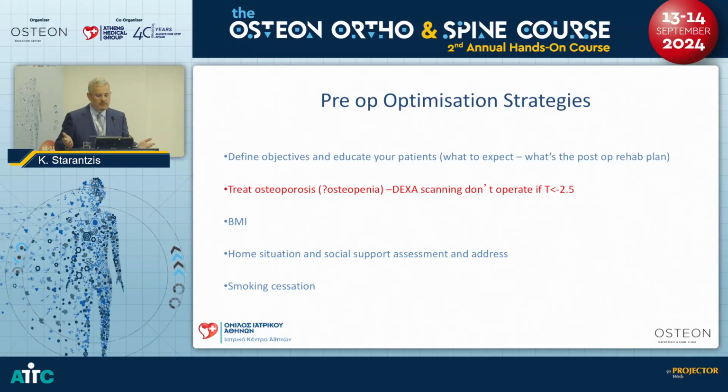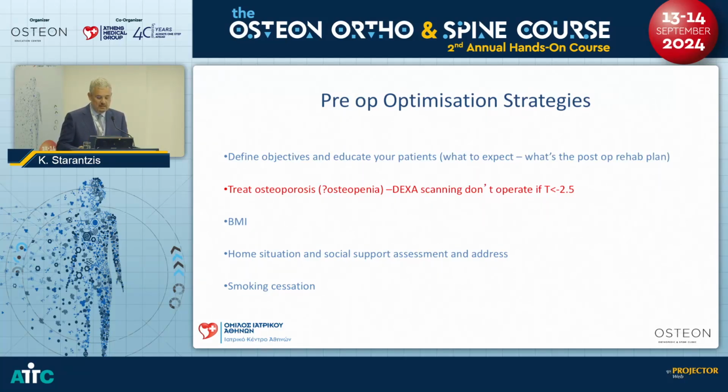we need to, first of all, meet the patient's expectations. We need to explain to him or her what we can do and see if it is good enough to go ahead with surgery and take the risk. We definitely, I insist on that a lot, need to treat osteoporosis.